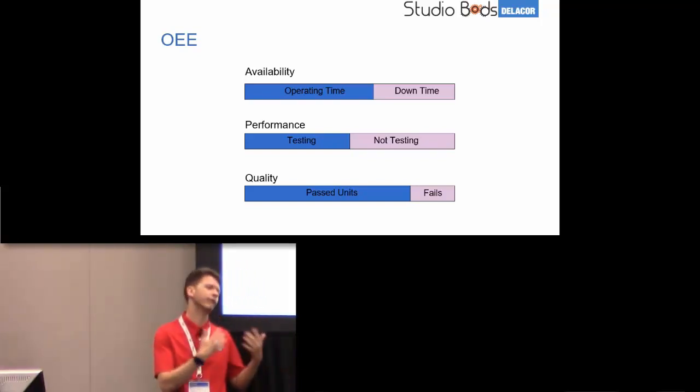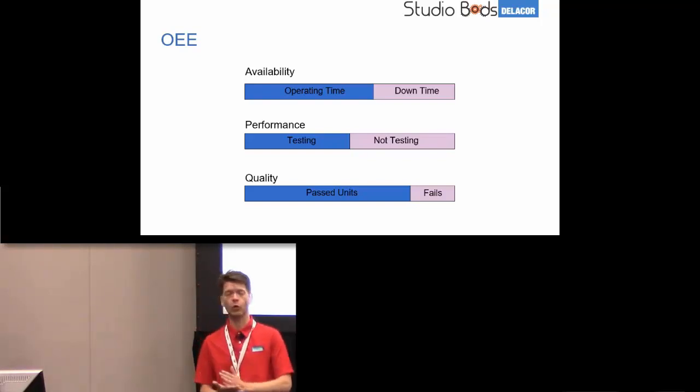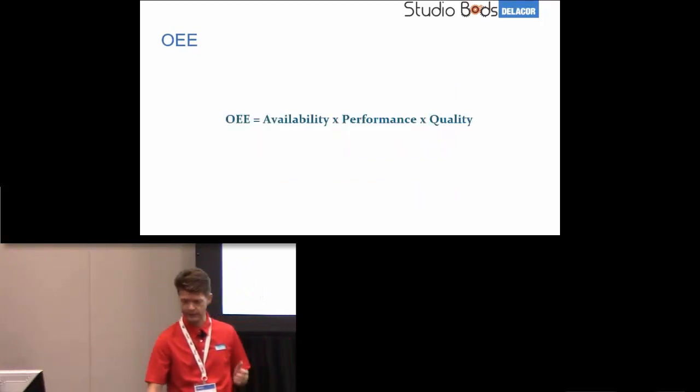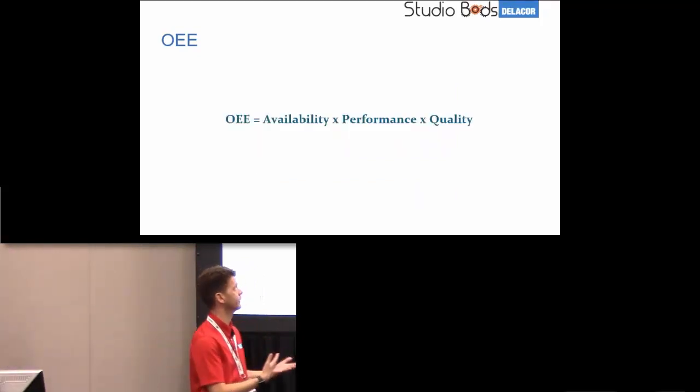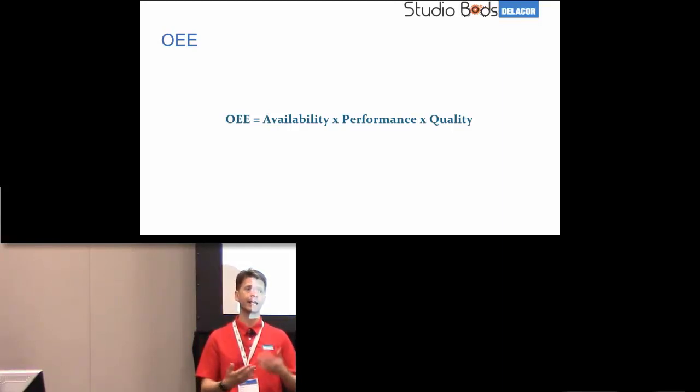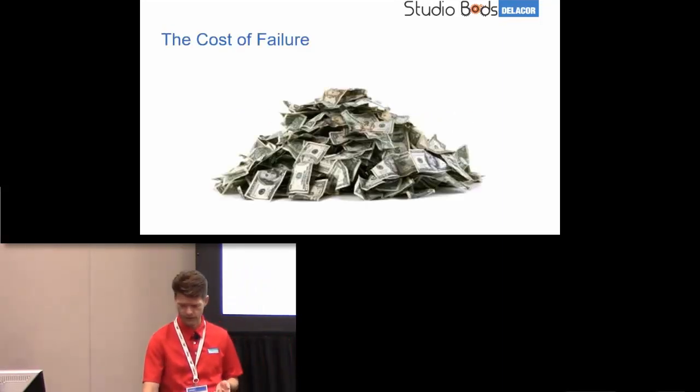And then when it was performing those tests, what was the quality? How many passed units did we actually get through that? So by taking those 3 measures, availability, performance and quality, and multiplying them together, we get OEE, a single figure that allows us to, at a glance, understand the performance of our test operation.